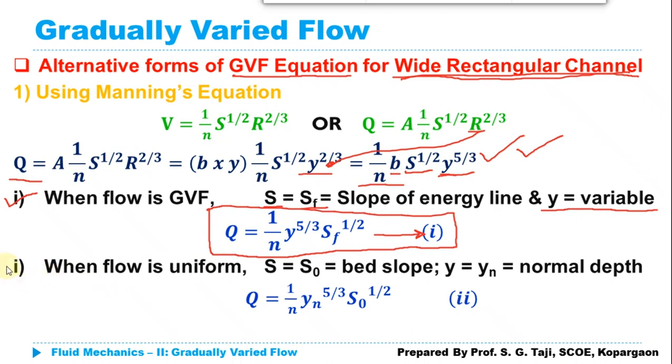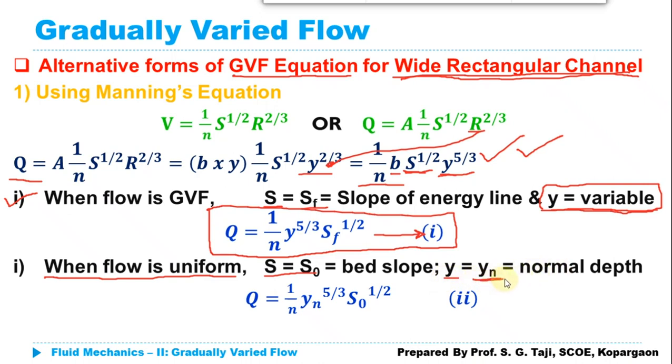Now in the other condition, we are going to consider when flow is uniform. When flow is uniform, obviously this S will become equal to the bed slope S0, and this y will become constant, that is, it will no longer be a variable. So I can simply write it as the normal depth, represented as yn.